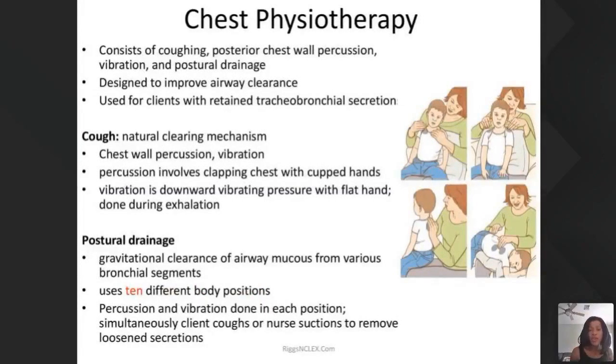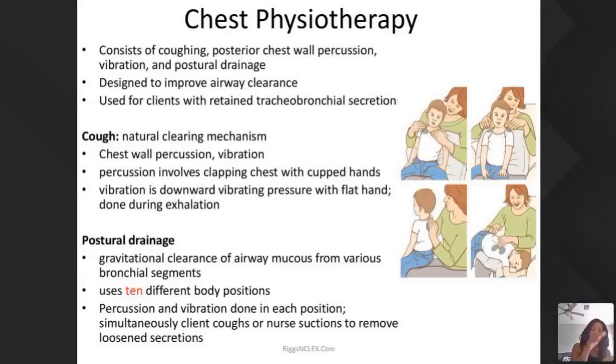All right, chest physiotherapy. You need to be familiar with it, especially if you have a cystic fibrosis client or someone like that where they have all that excess secretion that we need to loosen up and get them to get rid of. We may need to use bronchodilators and mucolytics to open the airway and loosen the mucus, or if they have edema, we may need to use some steroids.